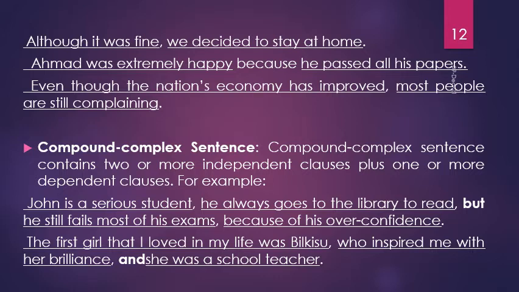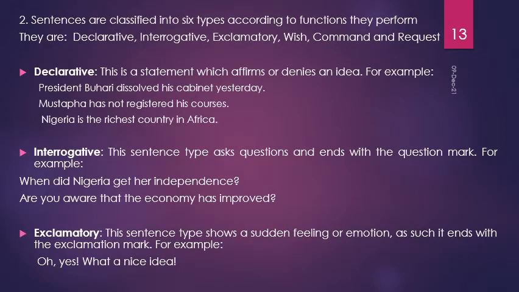So we see that here the 4 clauses are joined with coordinating conjunctions and with subordinating conjunctions, and that made it a compound complex sentence. We also classify sentences into 6 types according to functions, and these are declarative sentences, interrogative sentences, exclamatory sentences, wish, command, and request.